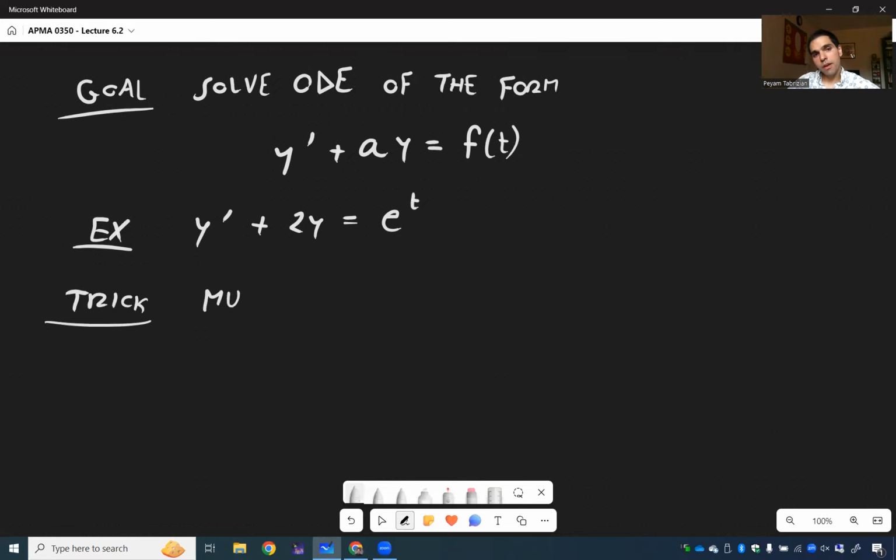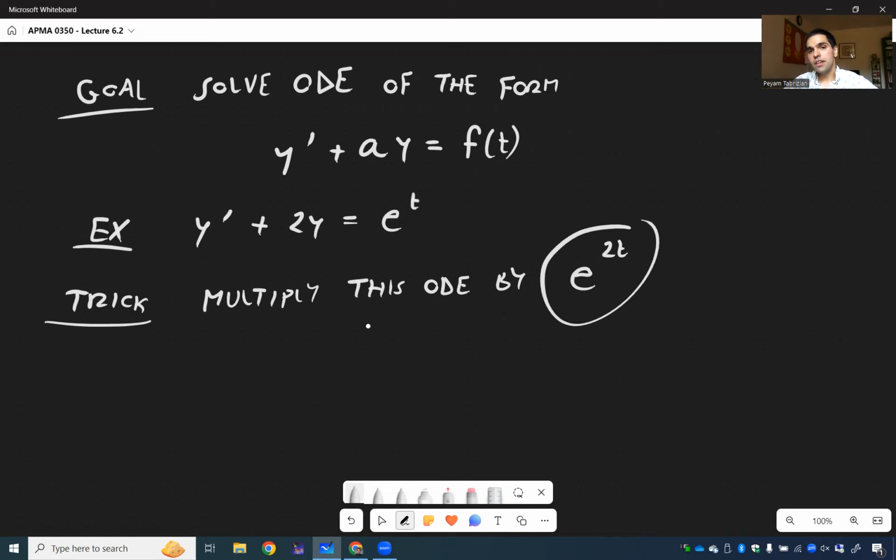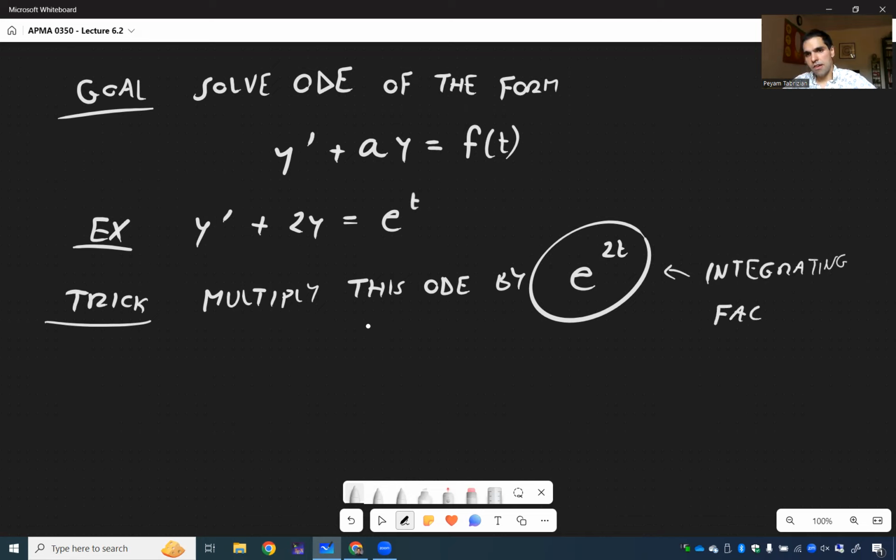So let's multiply this ODE by the helper function, in this case e to the 2t. This helper function is what's called the integrating factor.